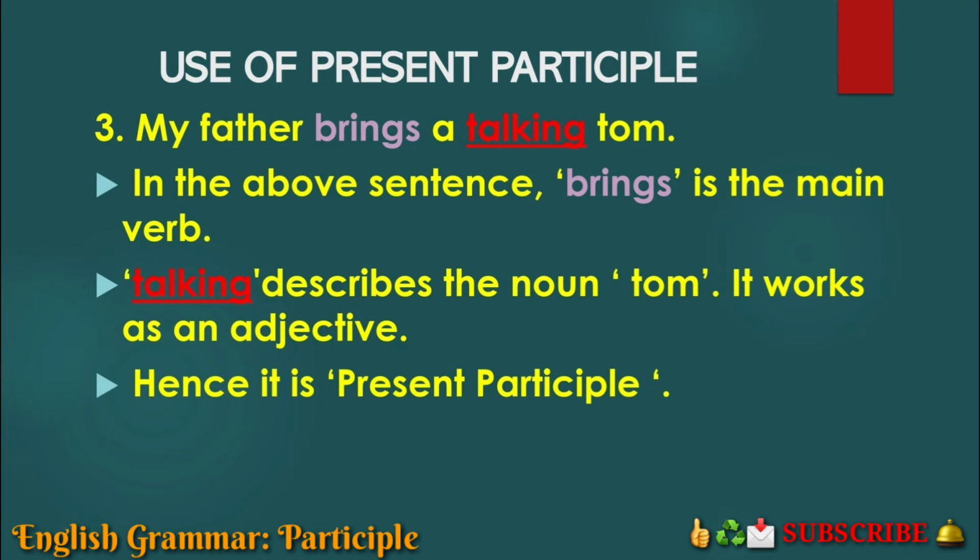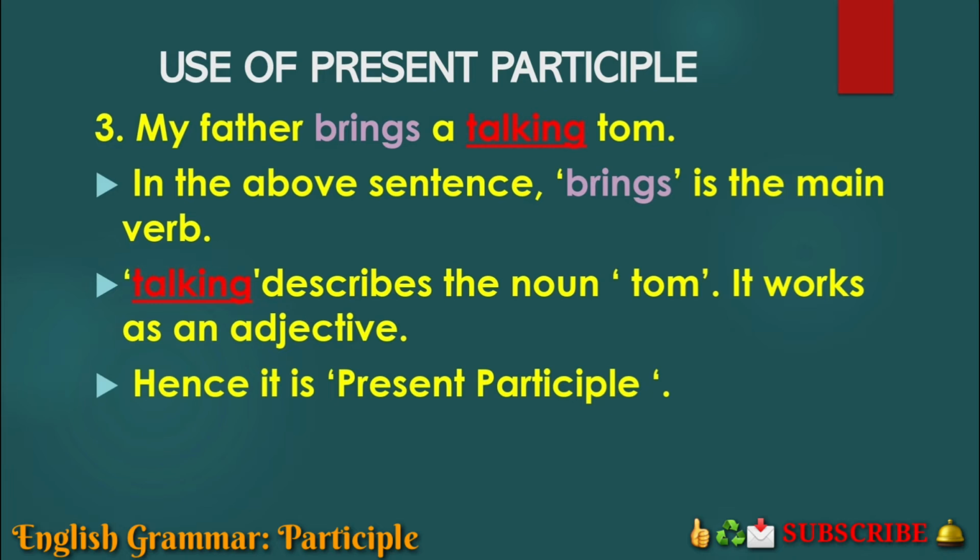Now one more example we will study. My father brings a talking Tom. Students, in this sentence also we can see two verbs, brings and talking. But brings is the main verb here and talking describes the noun Tom. How is Tom? Talking Tom. If you want to know the adjective, you can ask the question how to the sentence, then you will get the answer.